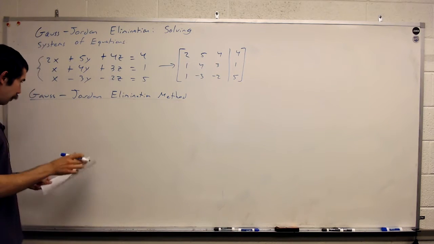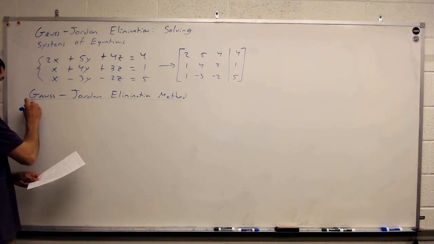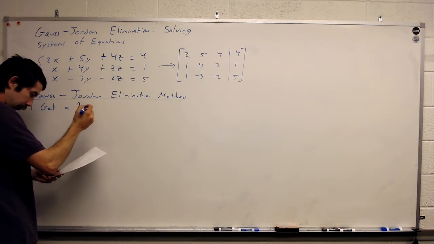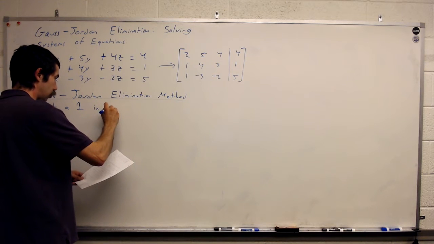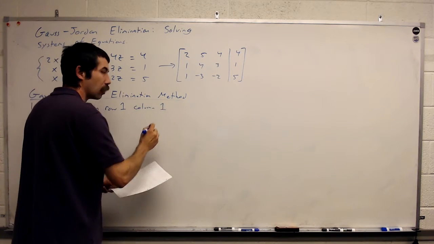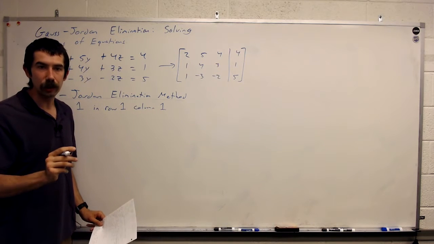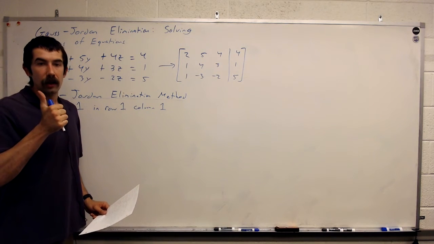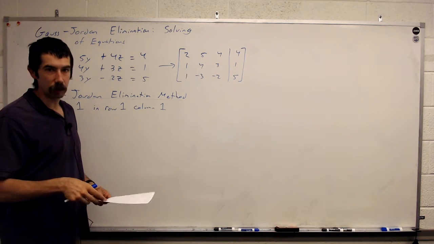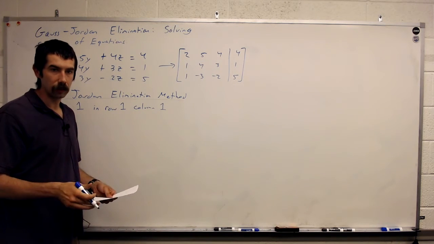I just read off the coefficients, and then the equal sign is going to be represented with this vertical bar. Okay, so the first step in the Gauss-Jordan elimination, we need to get a 1 in row 1, column 1. We're allowed to use the elementary row operations. So we can swap rows, we could add multiples of one row to another, or we could scale a row.